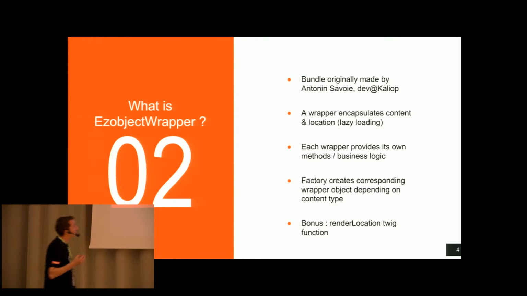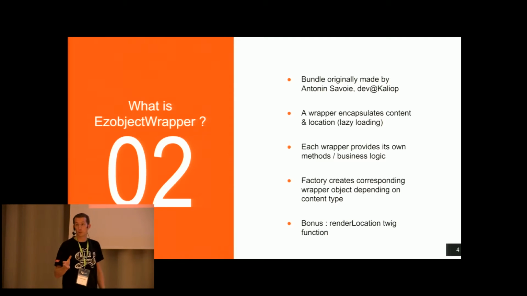Each wrapper is bound to a eZ content type, and it provides its own methods, and you can also implement business logic in this wrapper if you want. To build this eZObjectWrapper, there is a factory inside the bundle, which will return the correct wrapper class depending on your content type.